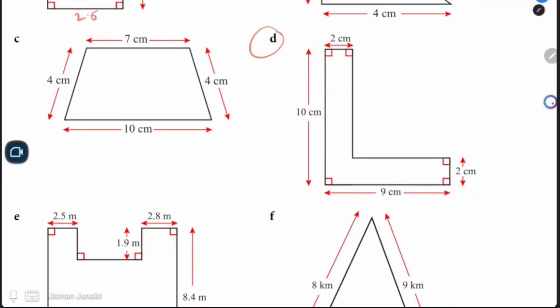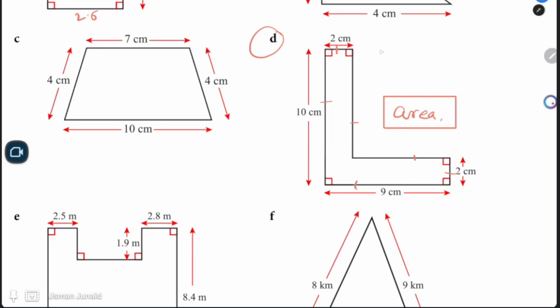Okay. For D, give me the area for this as well. Look at how many sides you have. You've got one side, two side, three side, four side, five side, six side.